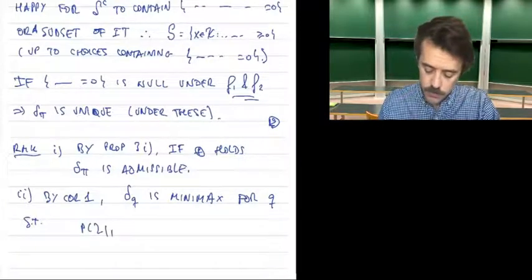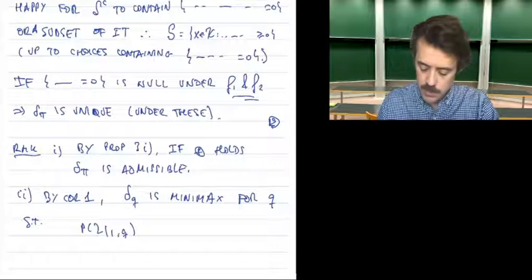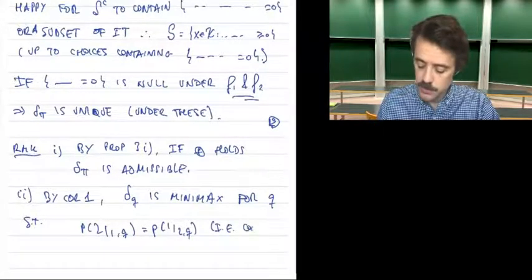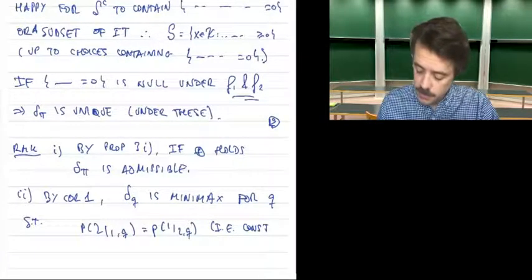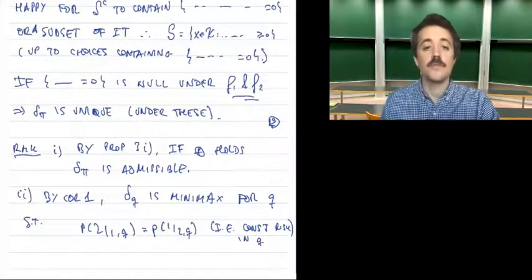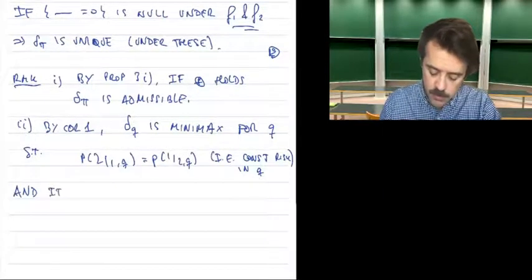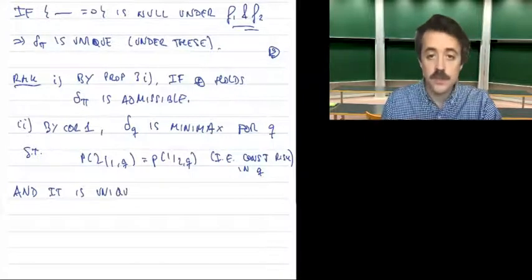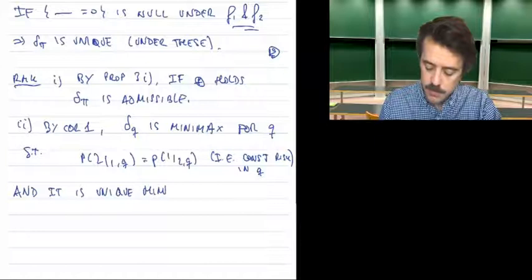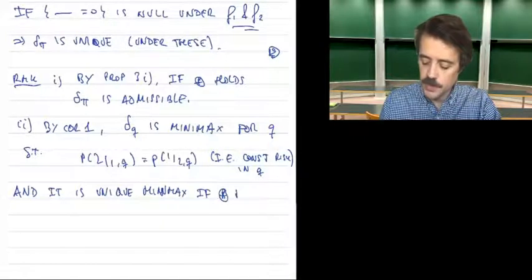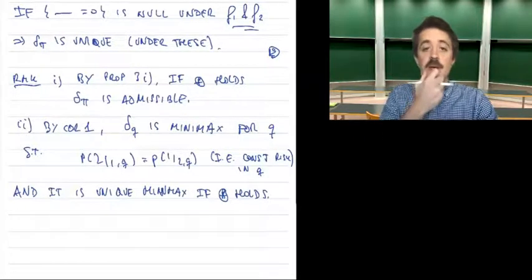So these guys are equal. So let me just say that. So i.e. constant risk in Q. Okay, and then of course it is unique. Unique minimax if this star holds, right? Okay.